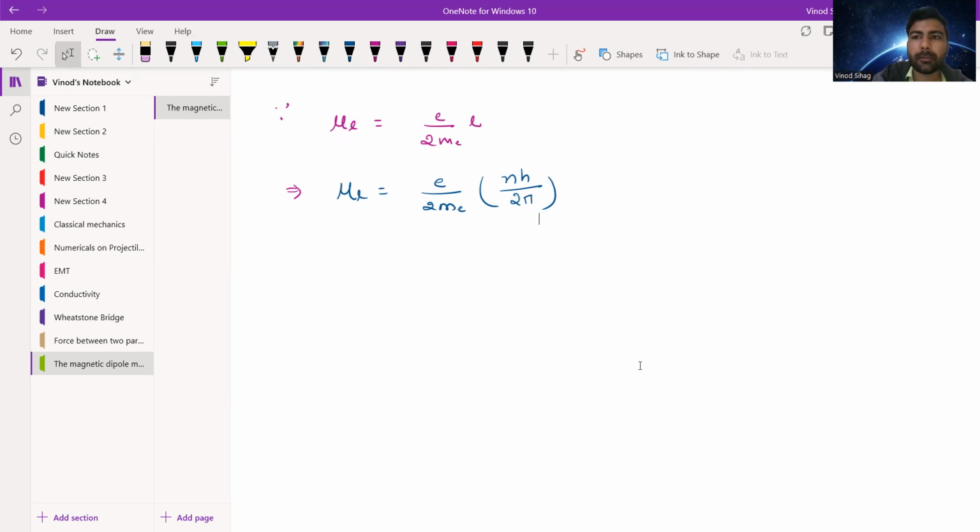Okay, this will be the value of the magnetic moment. So if it is the value of magnetic moment, then what is its minimum value?